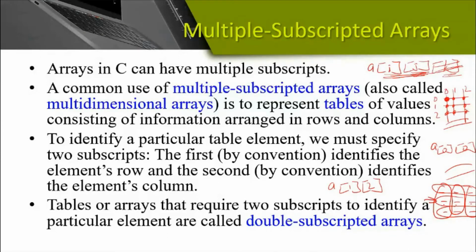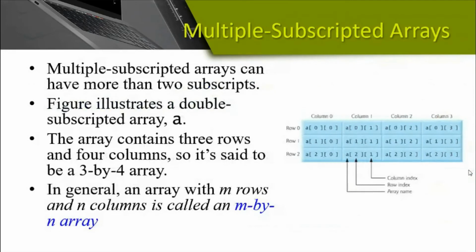That is how the values in a table, or in a two-subscripted array, are accessed. So tables or arrays that require two subscripts to identify a particular element are called double subscripted arrays. Since there are two subscripts, it is also known as a double subscripted array.